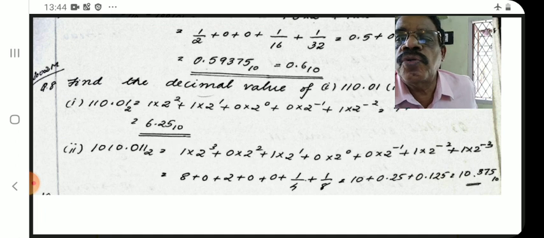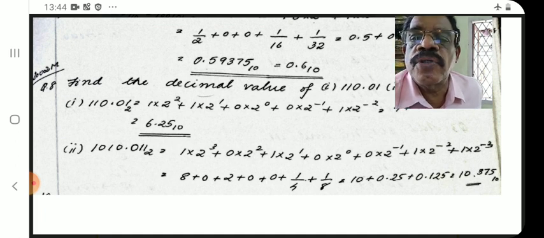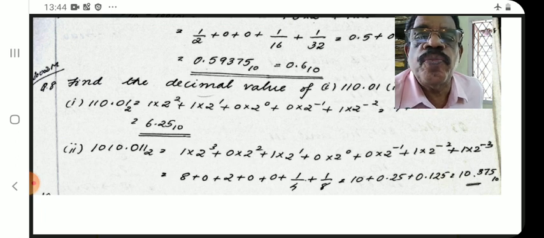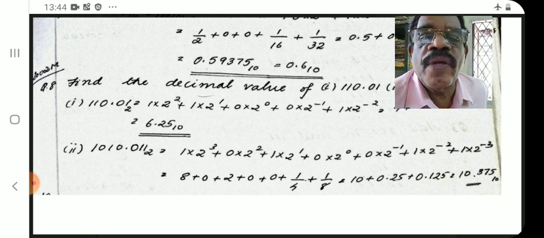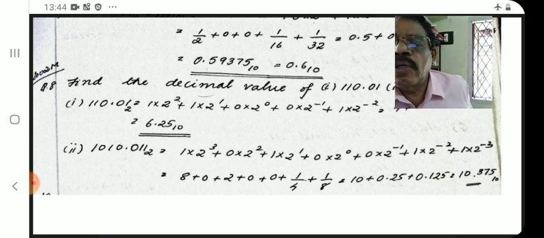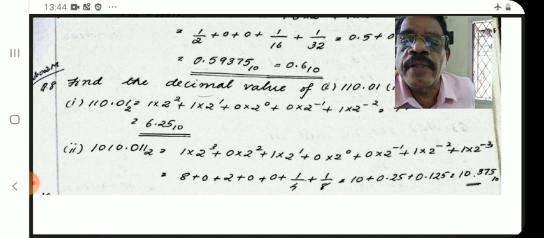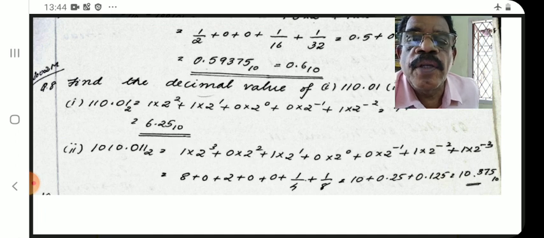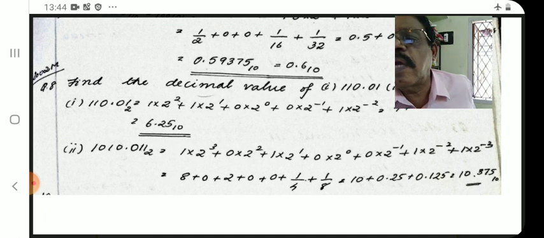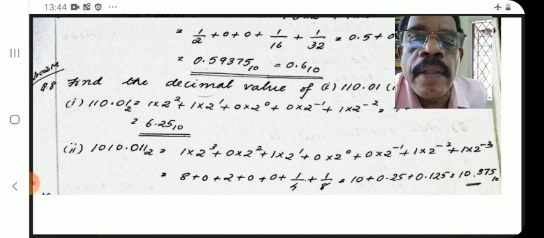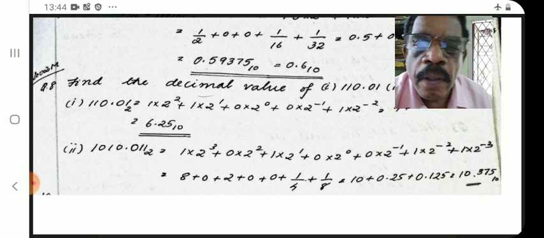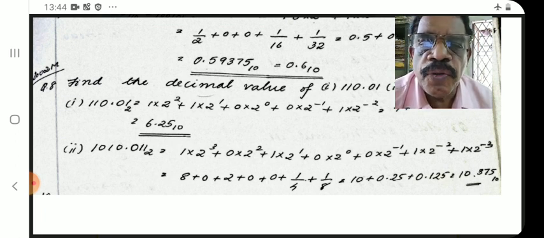Plus 0 × 2^2 plus 1 × 2^1 plus 0 × 2^0 plus 0 × 2^-1 plus 1 × 2^-2 plus 1 × 2^-3 equal to 8 plus 0 plus 2 plus 0 plus 0 plus 1/4 plus 1/8 equal to 10 plus 0.25 plus 0.125 is equal to 10.375 to the base 10.